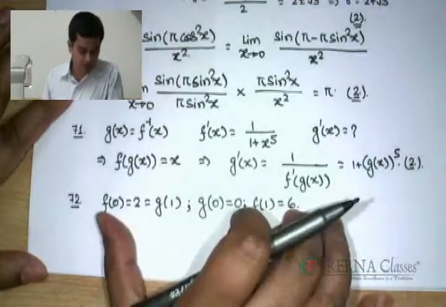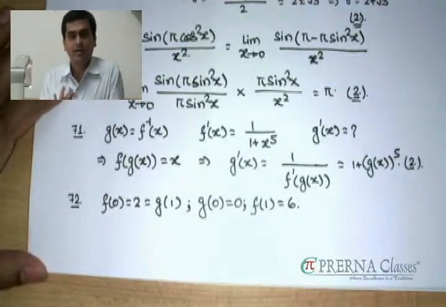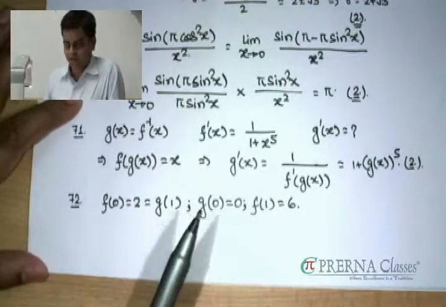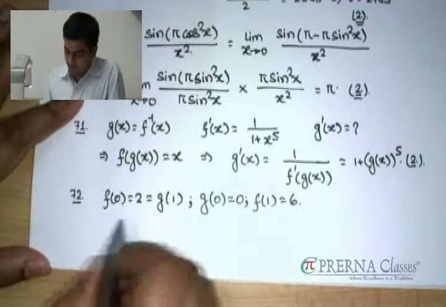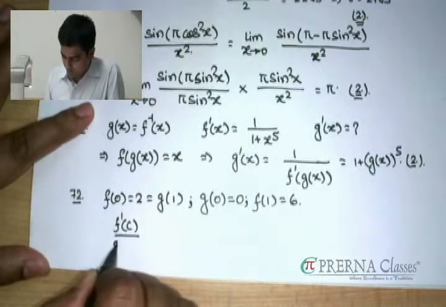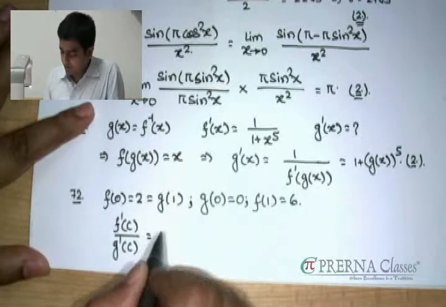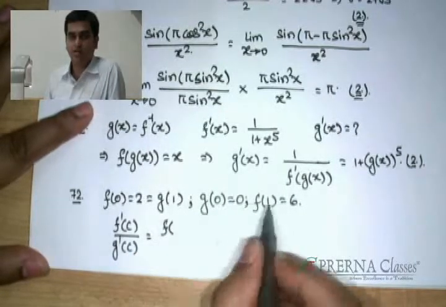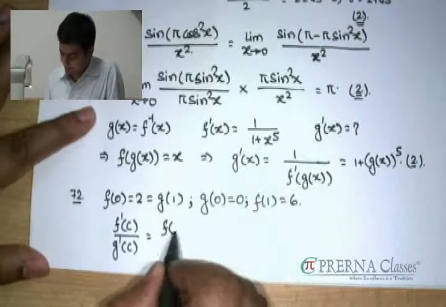Fine. In the next case, we have two differentiable functions given with some data given in 0 to 1. The way it is given and the way we are looking at the solution, you can clearly check this is related to mean value theorem. When we apply Cauchy's mean value theorem in this case, clearly you can write this statement when we apply this in 0 to 1.